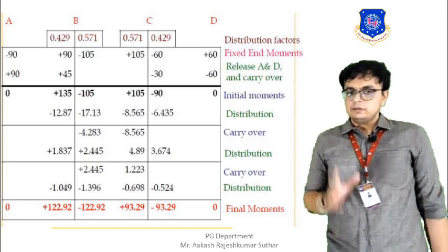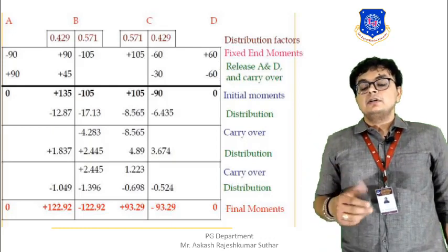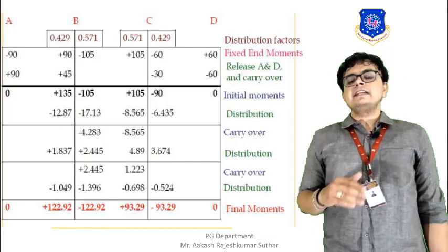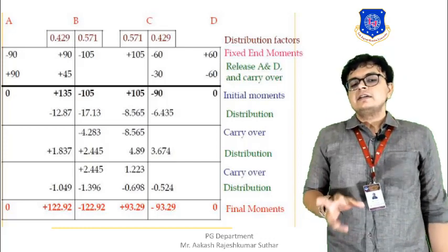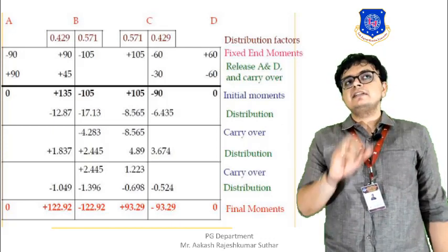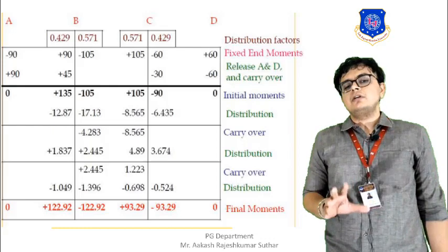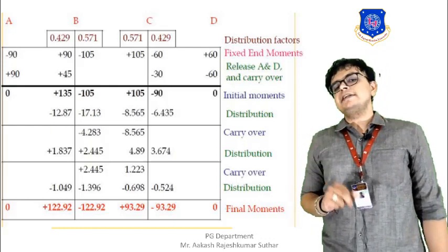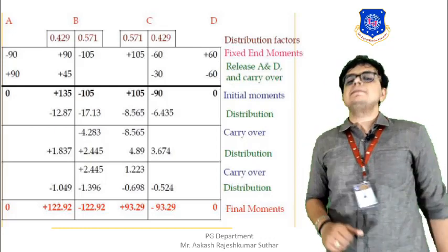So from this table, from the end final moments, you can also cross check yourself while comparing the values, because at a joint, on the left side and on the right side, the values should be the same but the sign should be different. Okay, the cumulative addition of both these values should be 0 at a joint, means both the moments should be compensating each other and making the structure equilibrium.